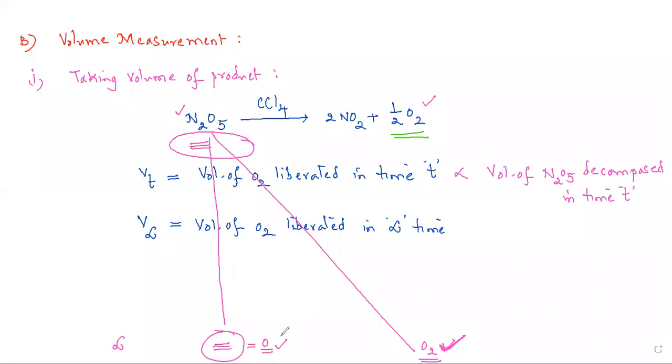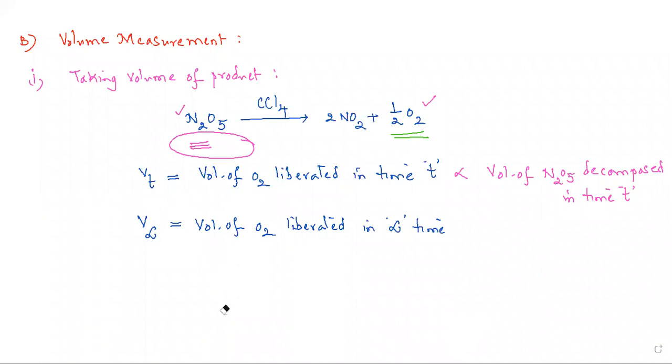That means the total amount we have started with has actually reacted. So let me write this: volume of oxygen liberated in infinite time is directly proportional to the volume of N2O5 taken initially.